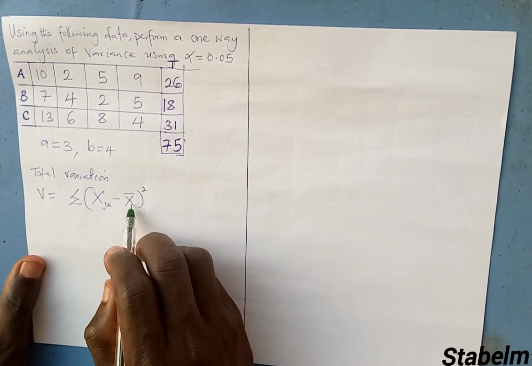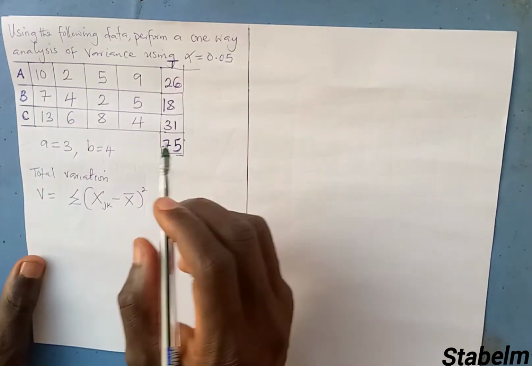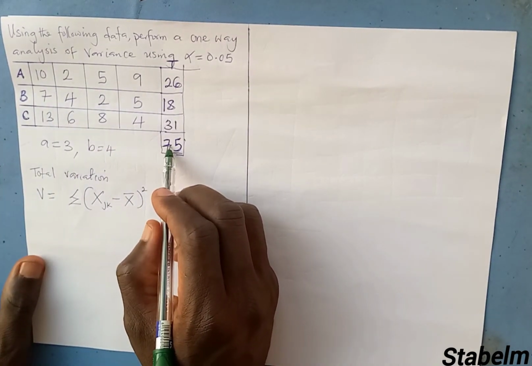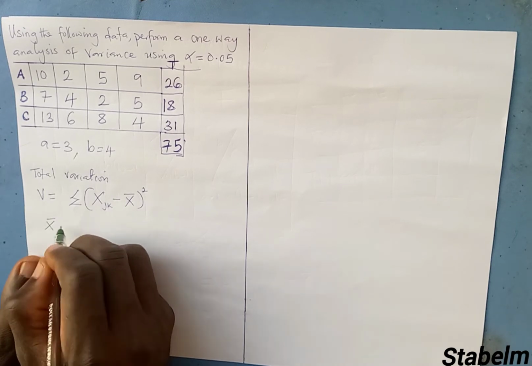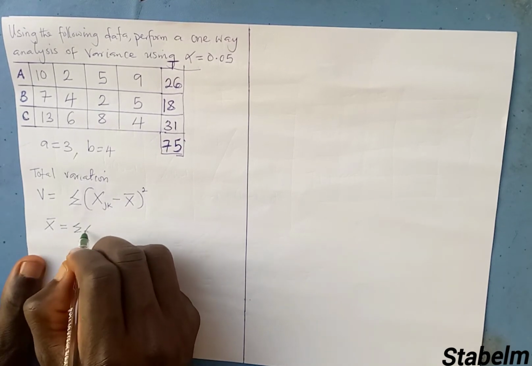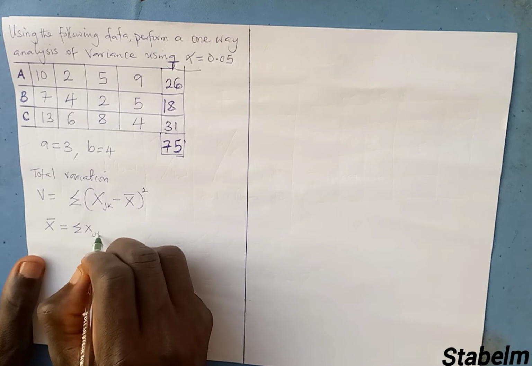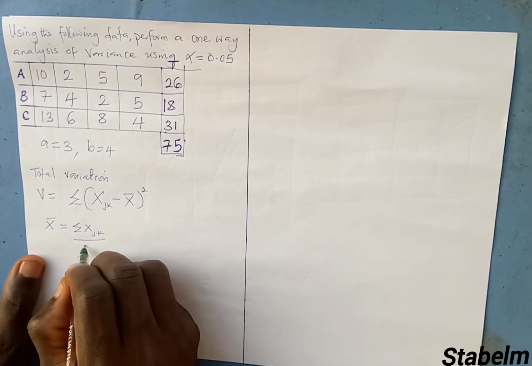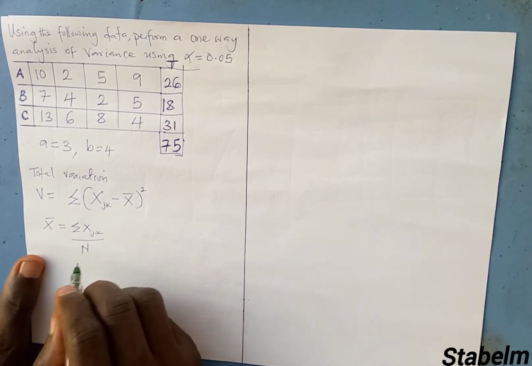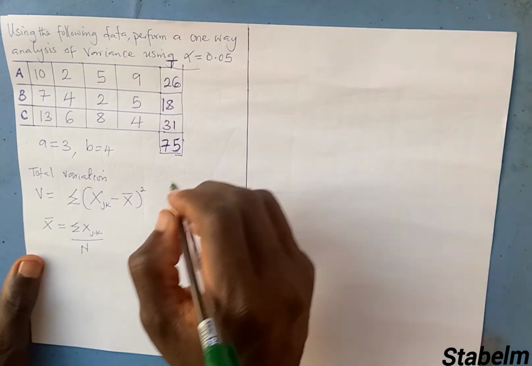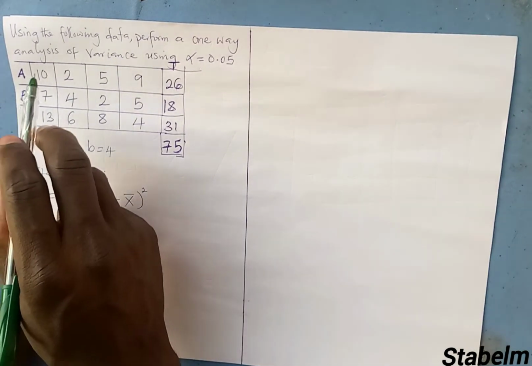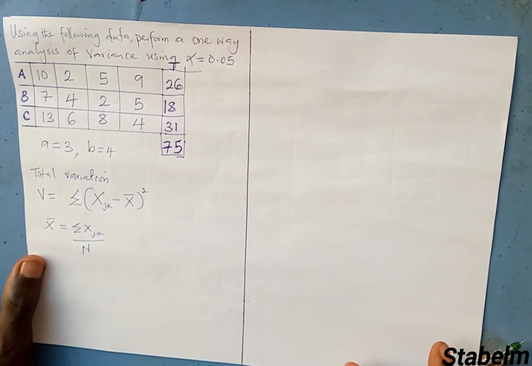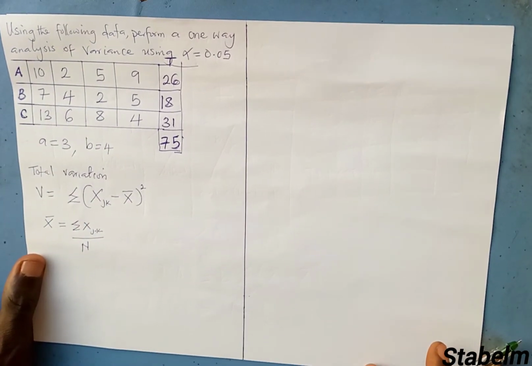Now we need x bar, that is the mean of this. Since we already know the grand total, we can say our x bar equals the summation of xjk divided by n. N equals A multiplied by B. That is the whole total number of observations.